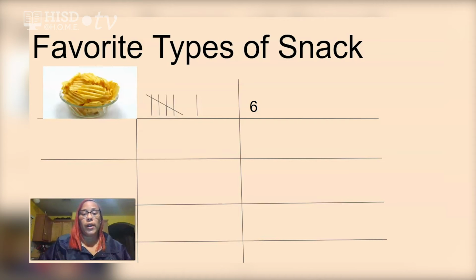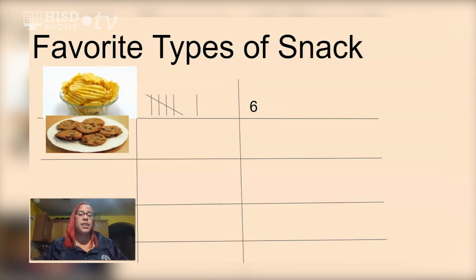My next choice was, do you remember what it was? That's right, it was cookies. How many students chose cookies? I'm going to use tally marks to represent the number of students that chose cookies.